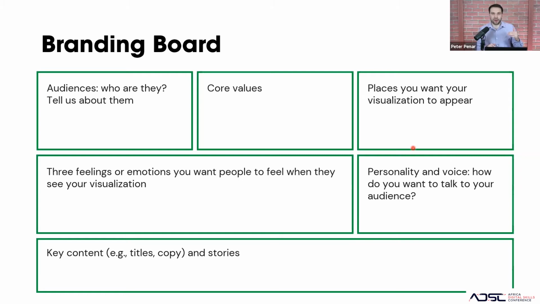Underneath that are some more subtle things that we want to think about, right? We want to think about the feelings and emotions that we want to evoke from our visualization. And again, a lot of us are data people, impact people, so we don't always think about emotions when we're trying to bring them together in a visualization. But thinking back to that rhino example that we shared at the beginning, it's trying to invoke an emotion out of you, right?